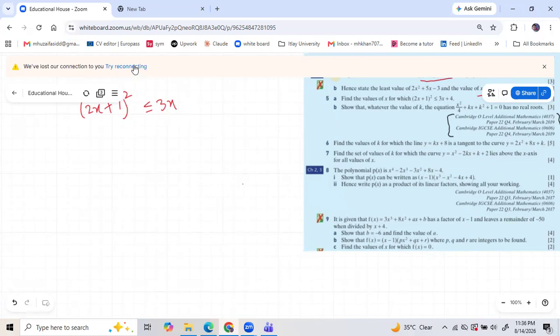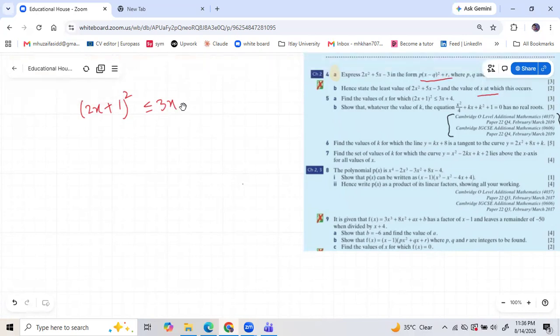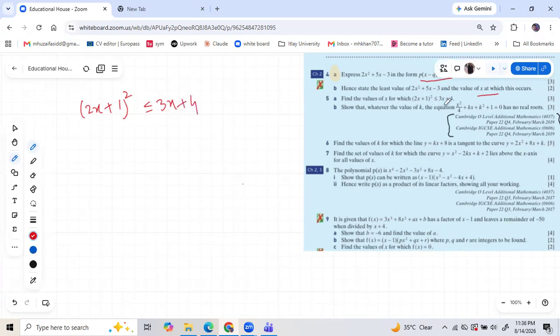Just a minute. 3x plus 4. So look at it here. Find the value of x. So we want to find the value of x.